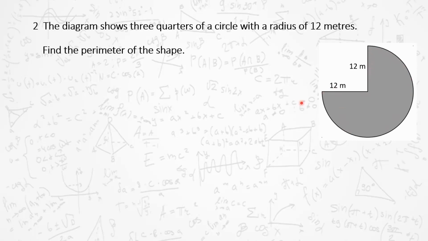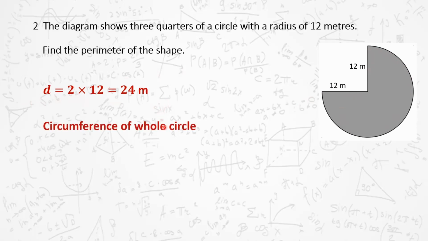To work out the circumference, we need to know the diameter. Because the radius is 12, therefore diameter is 2 times 12 equals 24 meters. Circumference of the whole circle equals pi d, which is pi times 24 equals 24 pi.